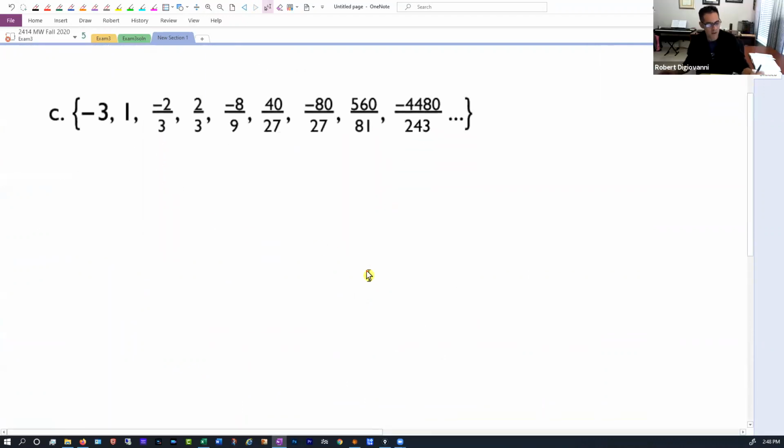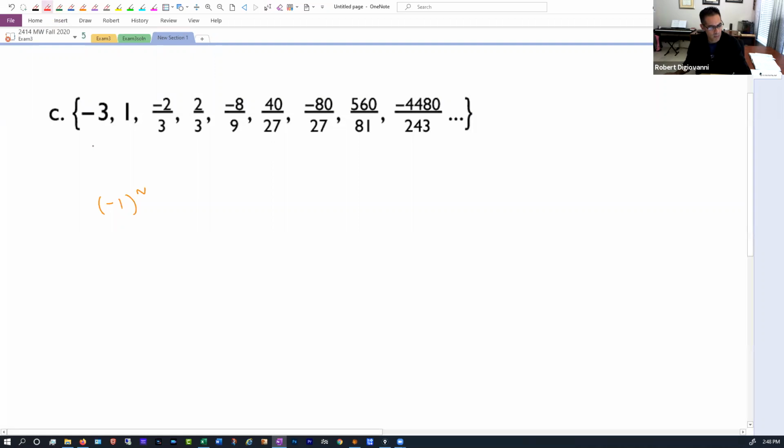Okay, so the first thing is that you understand that you've got alternating, so that takes care of the alternating. Now you start to realize that all the denominators are powers of 3. You kind of have to guess where it starts.